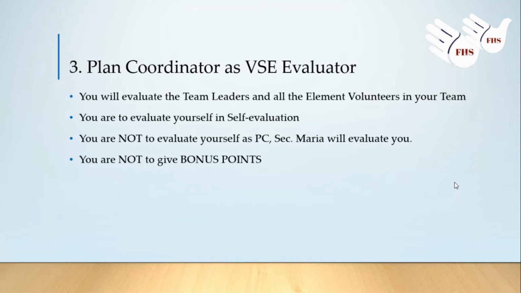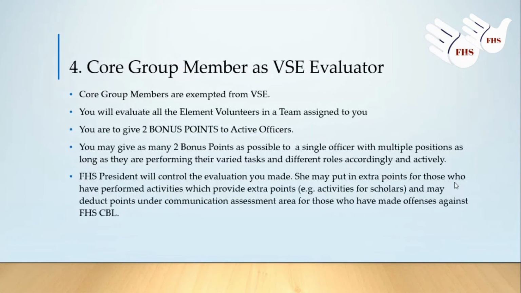And the 4th evaluator would be a core group member. Like we said, core group members are exempted from VSE. You will evaluate all the element volunteers in a team assigned to you. You are to give 2 bonus points to active officers, and you may give as many 2 bonus points as possible to a single officer with multiple positions, as long as they are performing their varied tasks and different roles accordingly and actively.